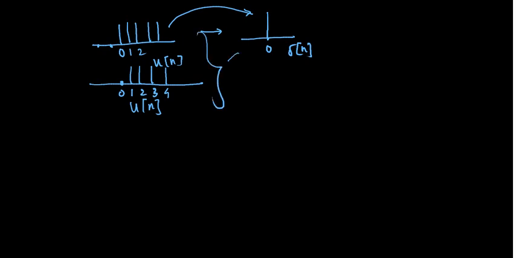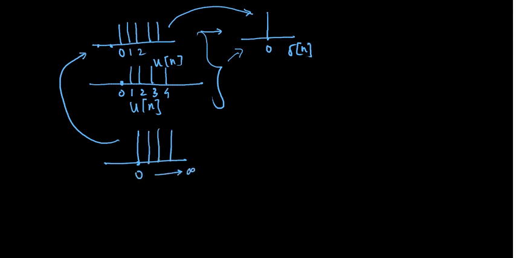Fine. Now you consider this signal. What if I need to get this signal back? I need to replicate that signal from 0 onwards towards infinity. That means this has to be taken as del of n plus del of n minus 1 plus del of n minus 2 and so on.